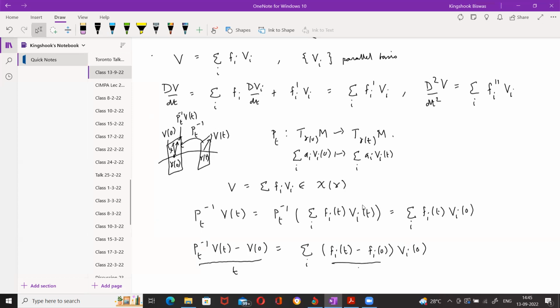So (f_i(t) minus f_i(0)) over t converges to f_i prime(0). So the whole thing converges to summation f_i prime(0) v_i(0), which is nothing but, as we've seen above, dV/dt at 0. Is this clear? Yes. So what does that mean?